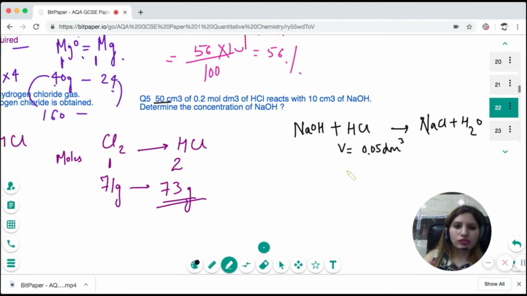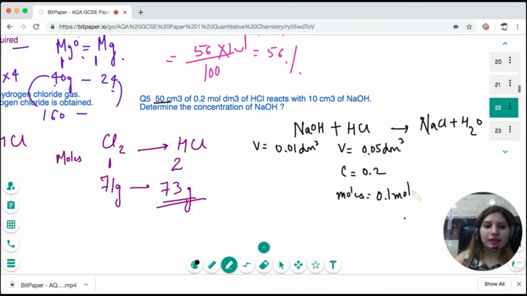The concentration of HCl is given to me as 0.2, and the NaOH volume is given to me as 10 cm³. So 10 divided by 1000 is 0.01 dm³. Okay, so we have concentration, we have volume, we can find the moles. So we will do 0.05 times 0.2, that is 0.01 moles.